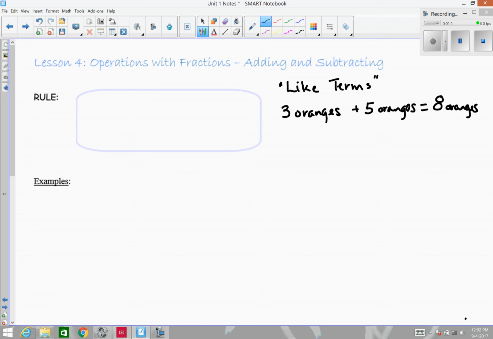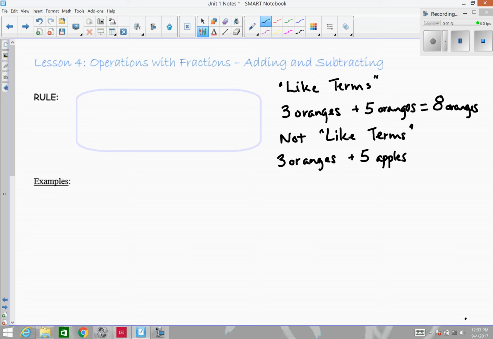And if you had things that were not like terms, so I'm just going to write here not like terms, you might have things in your earliest days like maybe you were adding 3 oranges and 5 apples.